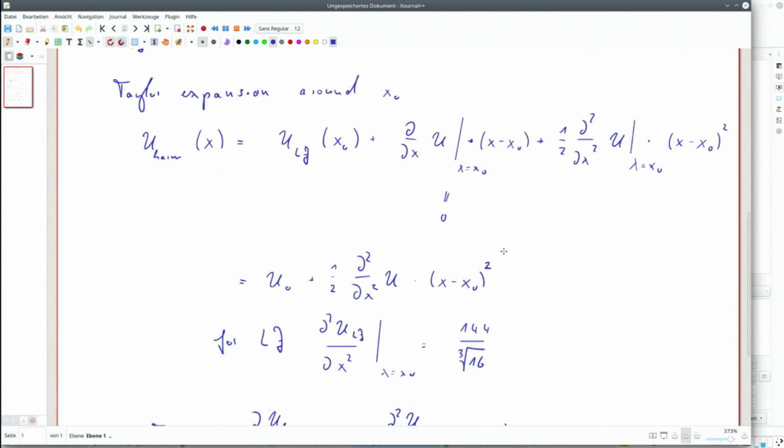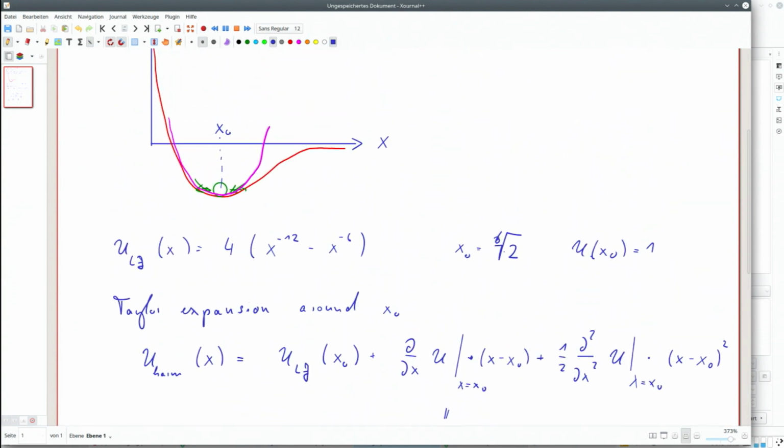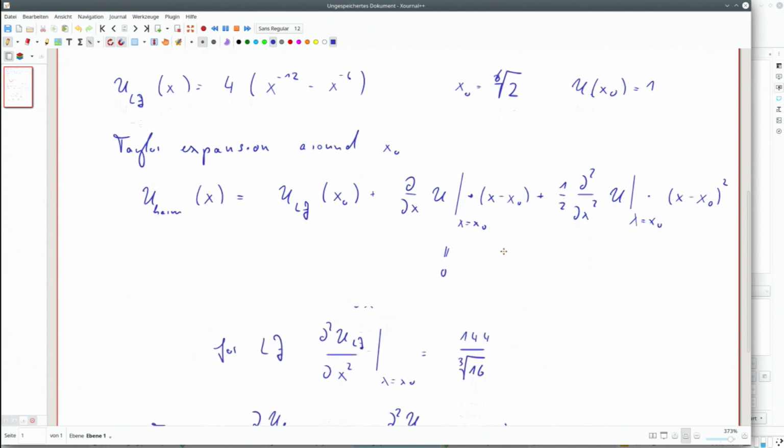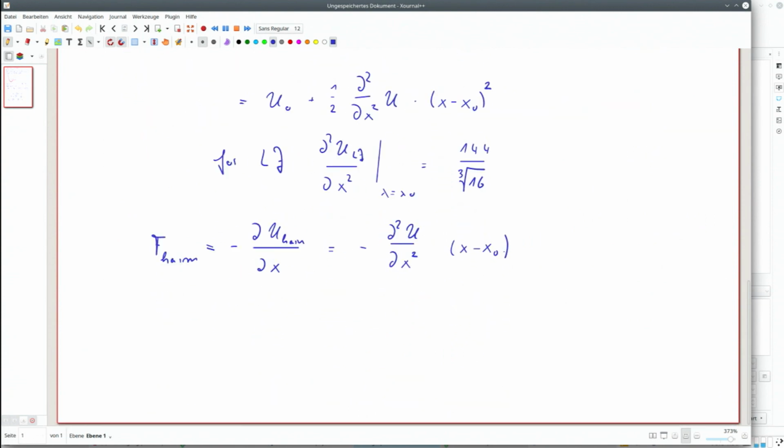And this means, and I guess you know all harmonic oscillations, that the restoring force here is directly proportional to the deviation from equilibrium. This, I guess you all know, leads to harmonic oscillation.